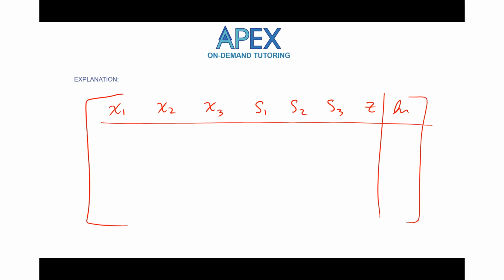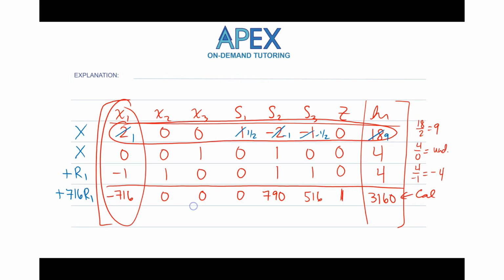And so we're not touching the first row, so I'm just going to write it as it was. 1, 0, 0, 1/2, -1, -1/2, 0, and 9. The second row, we're not touching. First row is technically our pivot. So we get a 4 there. Our third row, remember that we're simply adding things. So I'm going to get 0, 1, 0, 1/2, 0, 1/2, 0, 13.